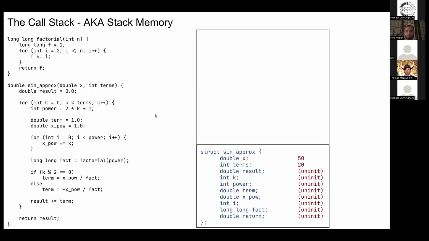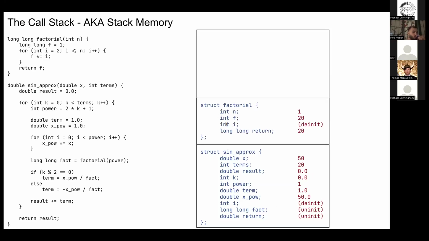So we step through our function's instructions, and we fill out our fields until we get to here, when we need to call out to another function. And so when we call out to this other function, we do the same thing that we did for our sine approximation, and we generate another struct on top of that. So they're stacked. This is why we call it stack. We actually call it the call stack because it's the functions you call.